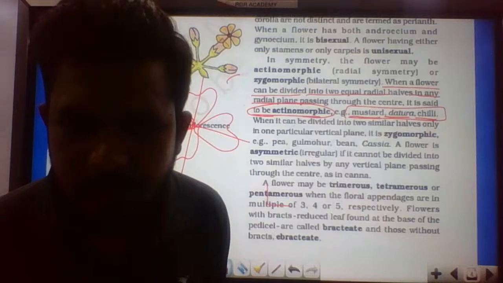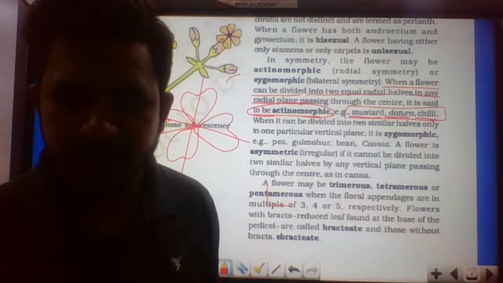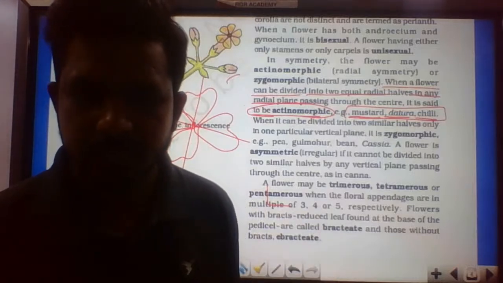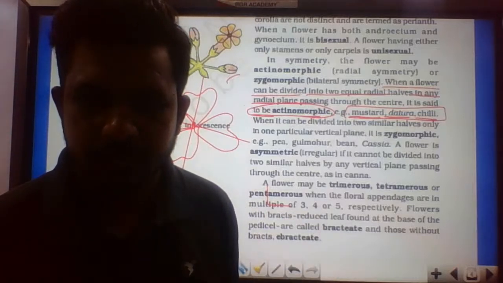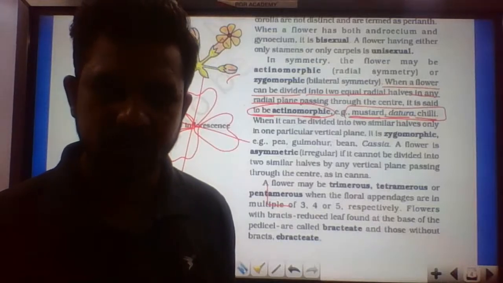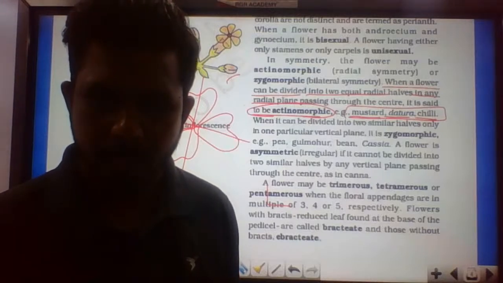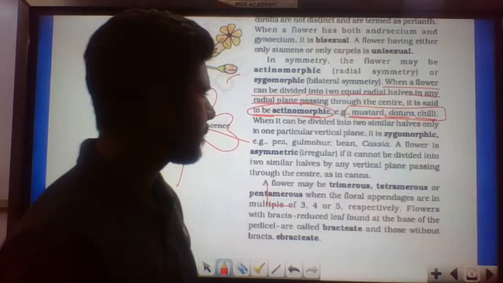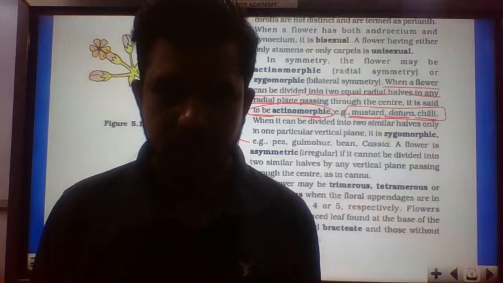Yes, fertilization does happen. Fertilization definitely occurs. In hibiscus, fertilization occurs. Then any other question?